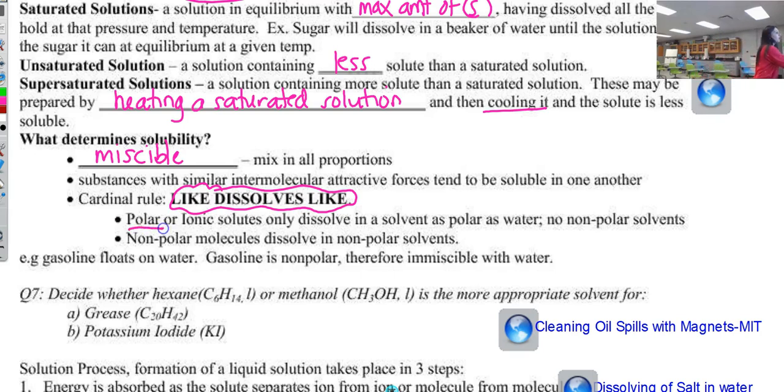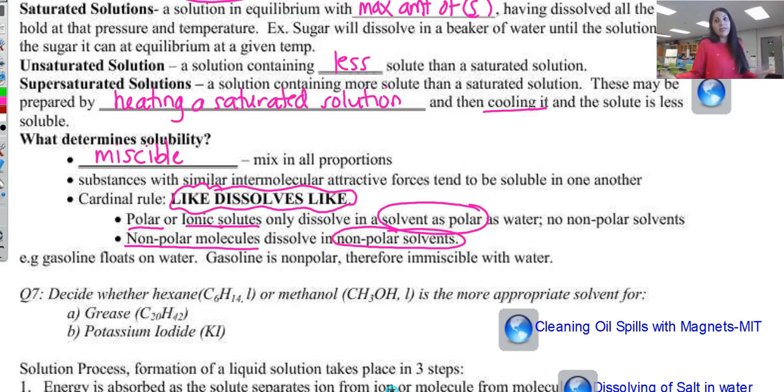If the solute is polar or ionic, then it will dissolve in a solvent that is polar, but it will not dissolve in something that's nonpolar, okay? So you want to check to see what the solvent is. Nonpolar molecules, on the other hand, will dissolve in nonpolar solvents. Pretty easy, okay? So we know gasoline floats on water because gasoline is nonpolar, whereas water is very polar.